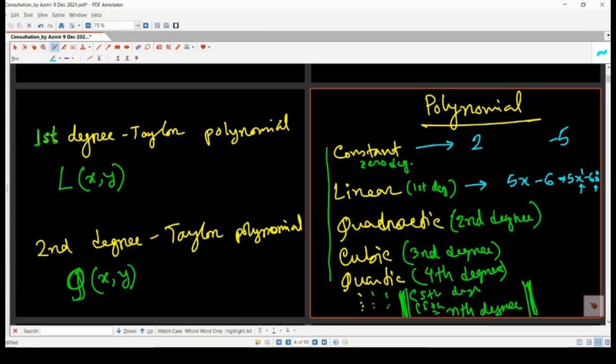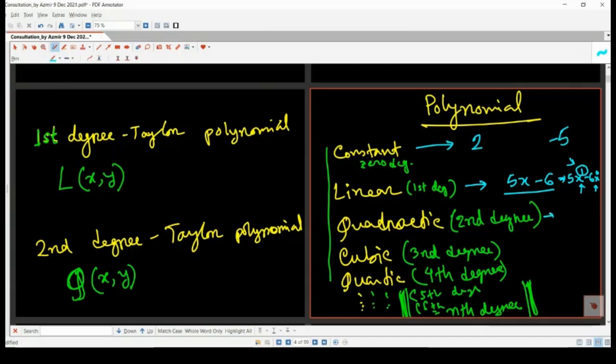There are x to the power 0 and x to the power 1, but the highest degree is 1, not 0. So based on the highest degree, we can call this a first degree polynomial, or you can say linear.